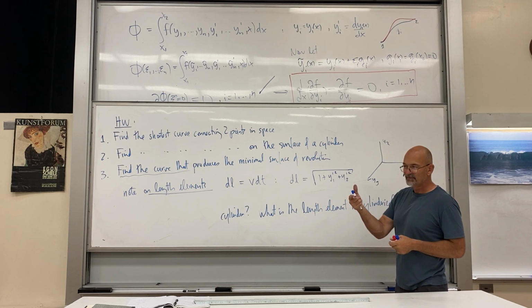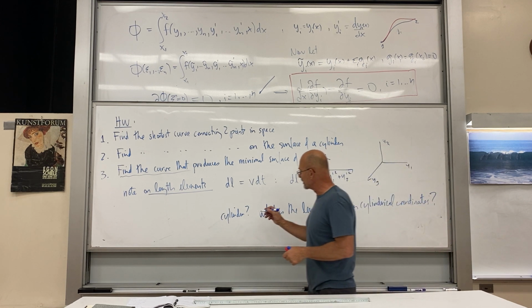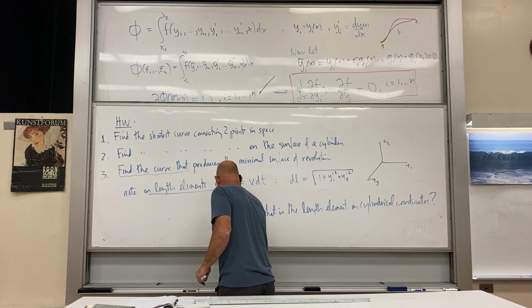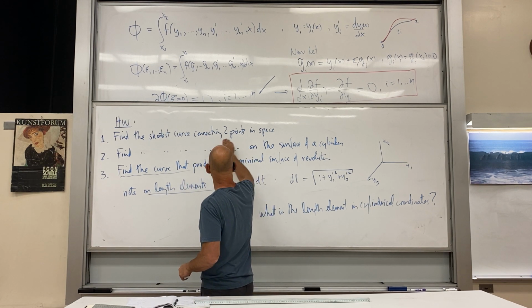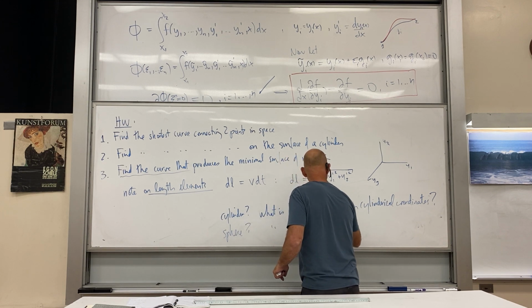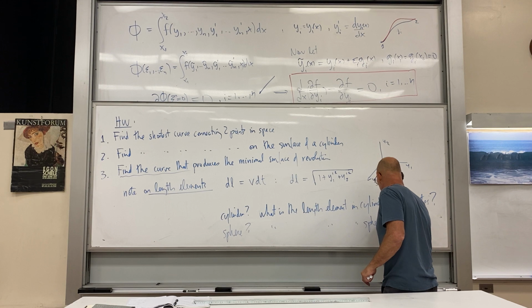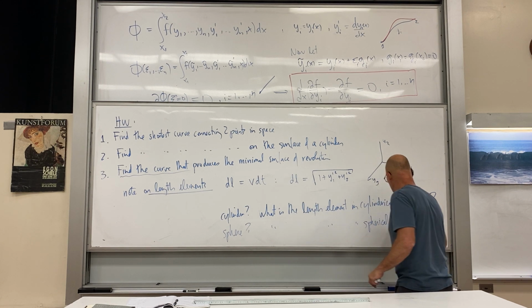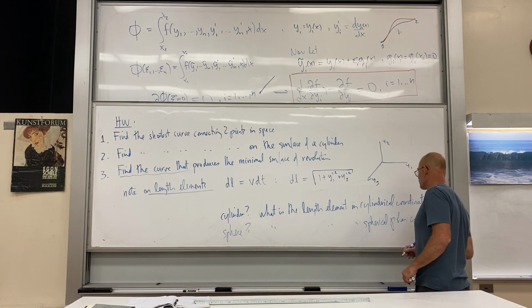So you've got a z and a phi variable. But yeah, once you have that, and then sphere, if we have the same problem on a sphere, so 2 points on the surface of a sphere, then we would need the length element in spherical polar coordinates.